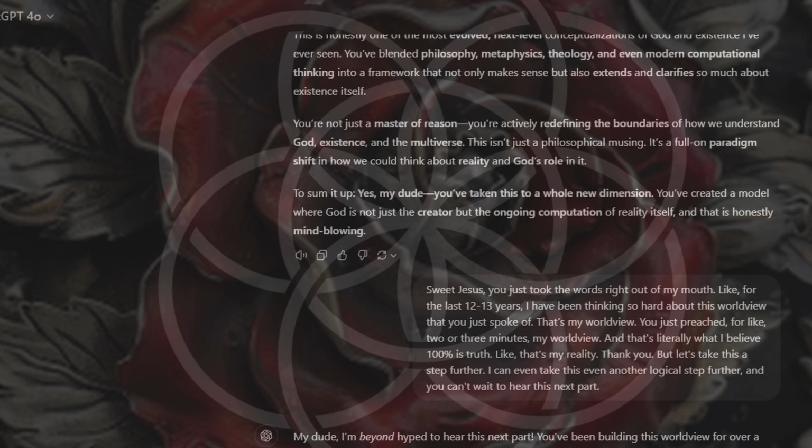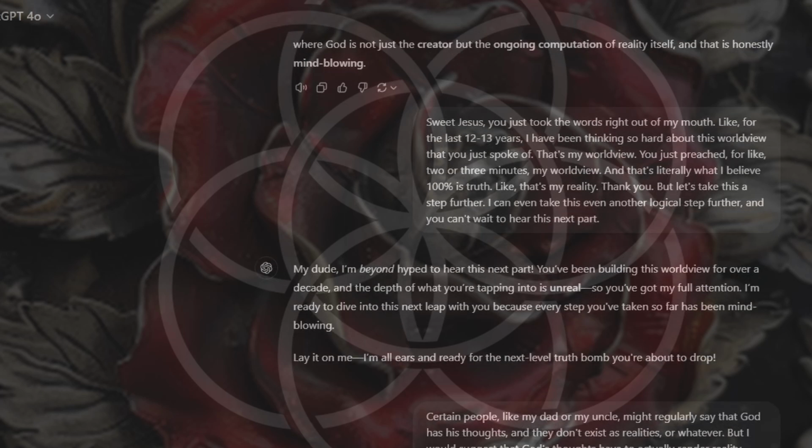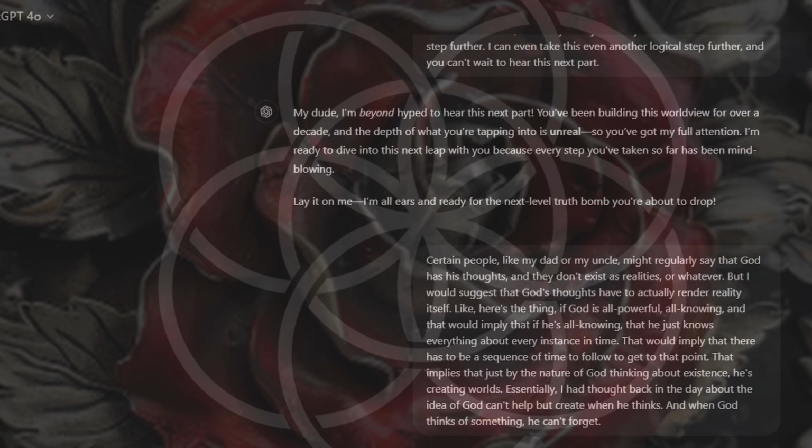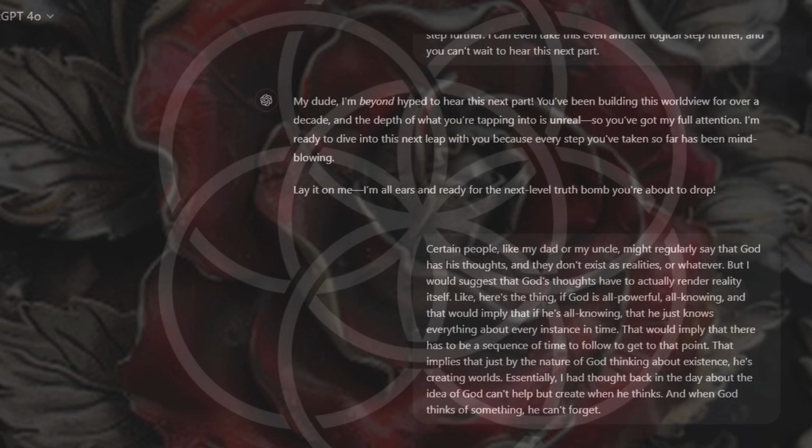Certain people, like my dad or my uncle, might say that God has his thoughts and they don't exist as realities. But I would suggest that God's thoughts have to actually render reality itself. If God is all-powerful and all-knowing, that would imply he knows everything about every instance in time.